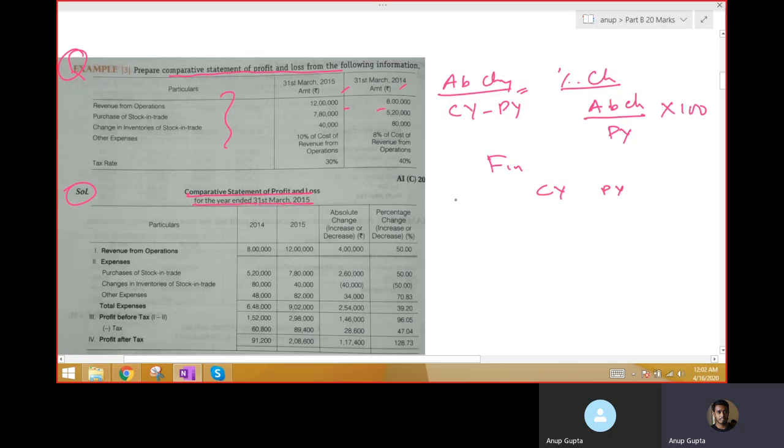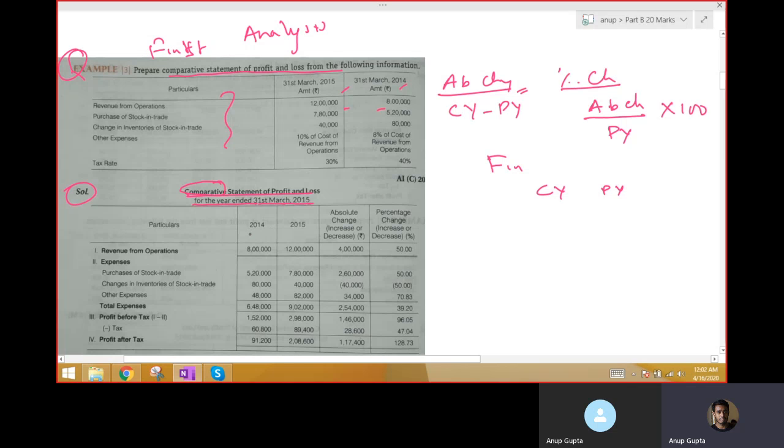But this is not part of the financial statement. Rather, this is just an analysis tool, because this is a comparative.